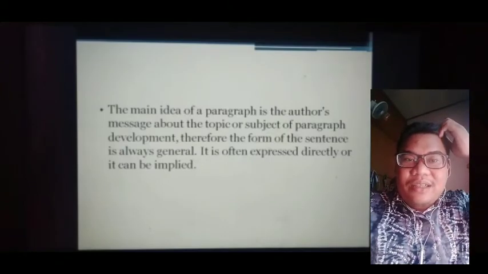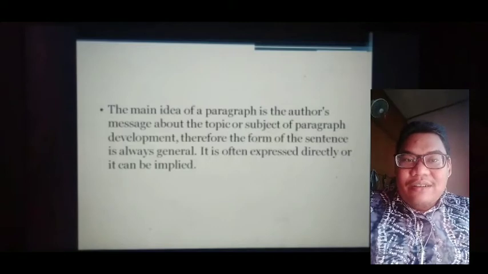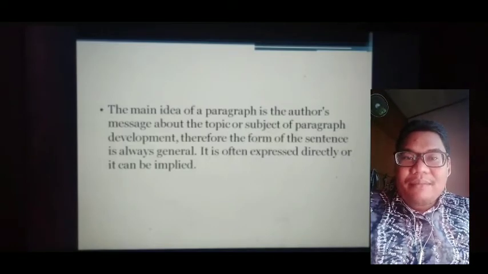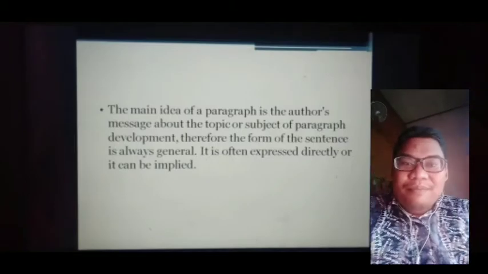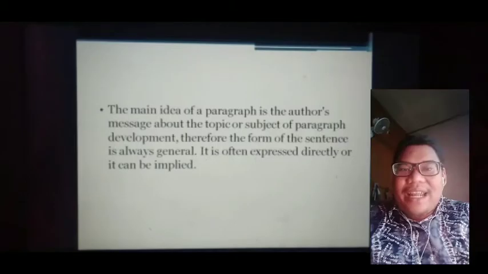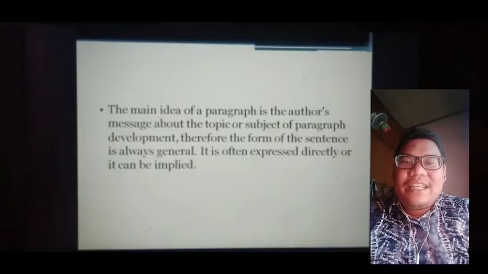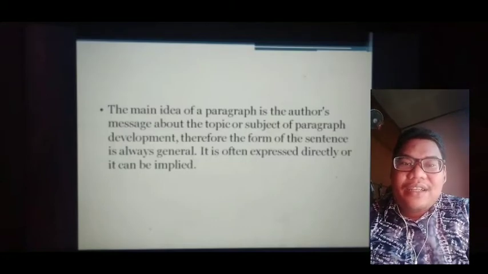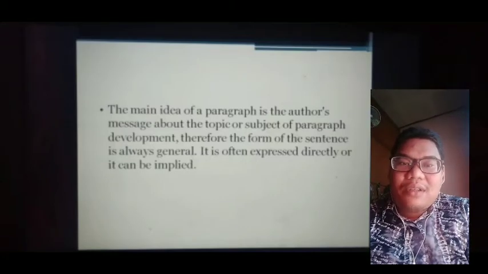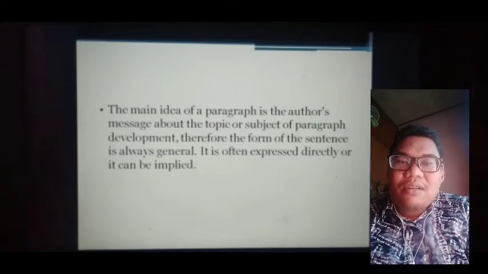It is often expressed directly or it can be implied. So, main idea is the message that the author gives about the topic.